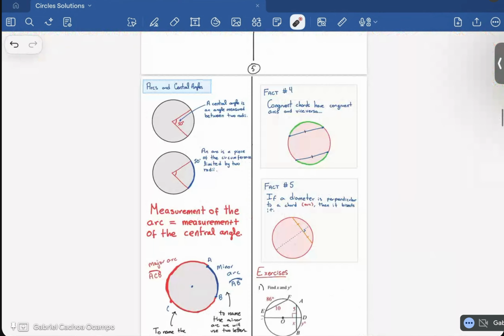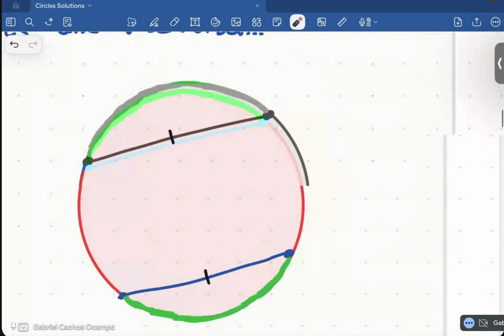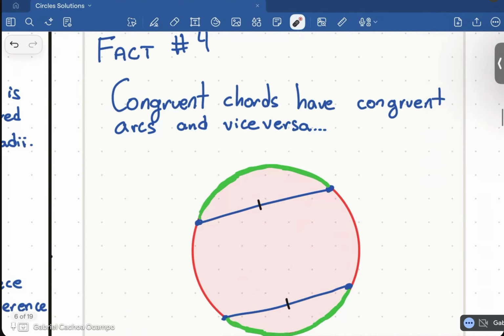Okay, and so in this video, I'm going to do some exercises concerning these two facts. The fact that if I have congruent chords, I mean, if this chord and this chord measure the same, then this angle and this angle measure the same. Congruent chords subtend congruent arcs and vice versa.